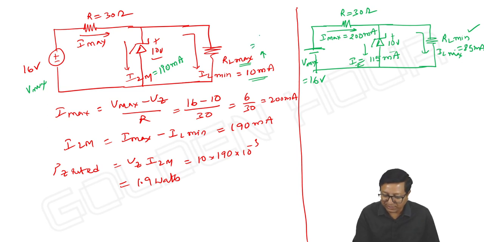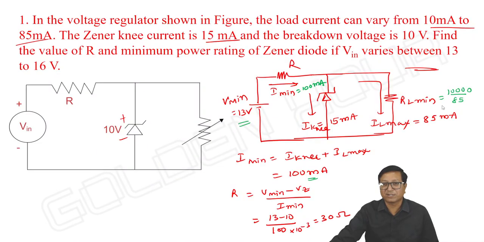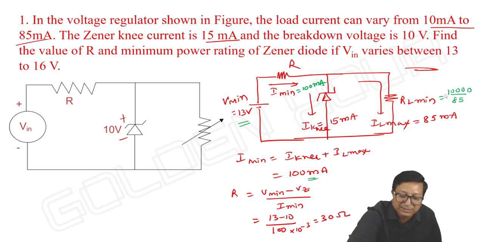So what might be the value of RL maximum? It is 10 by 10, or 10,000 by 10, 1 kilo ohm. Okay, RL maximum is 1K and RL minimum, I have not calculated it, we can do that, or 10,000 by 85.